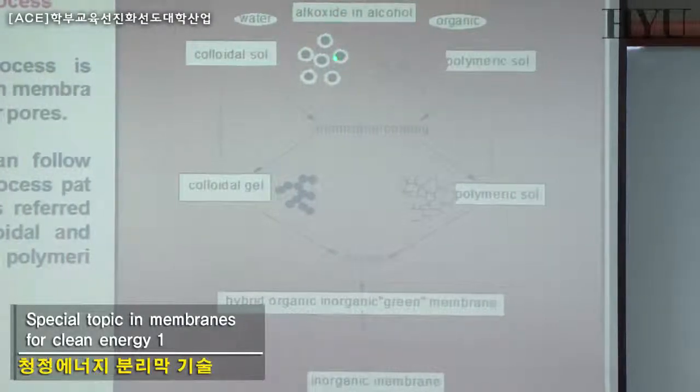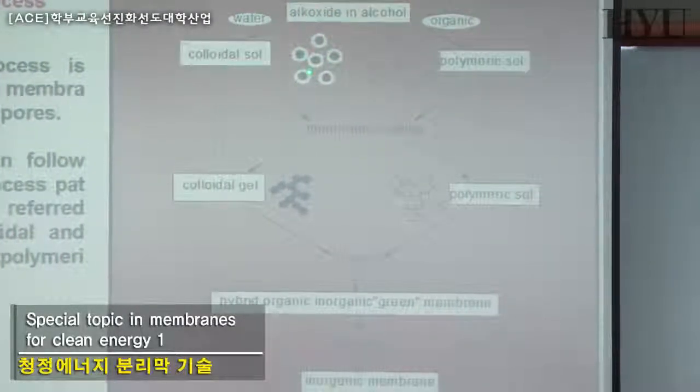So alkoxide will become Zoll, of course, and you make a polymer in the solution, so that these will be mixed together, and after casting, you can have separate phases, of course, the polymeric phase and the colloidal phase inside of the membrane. But Zoll will become gel in the case of the colloids.